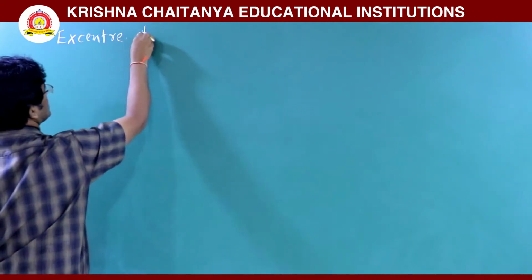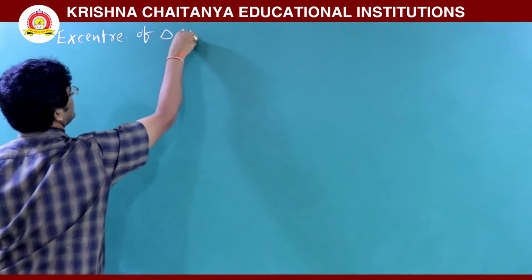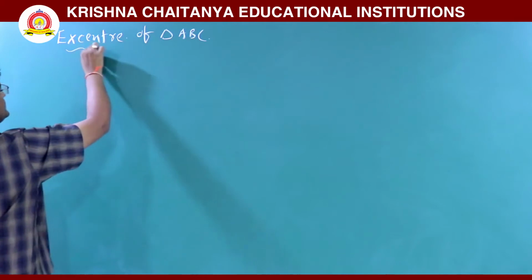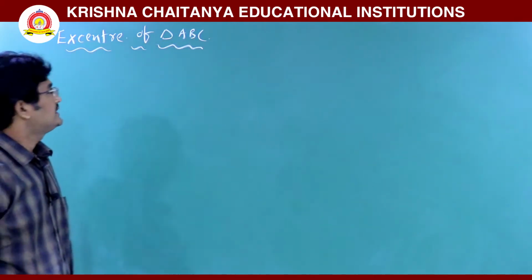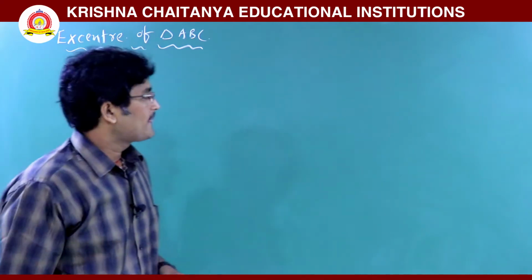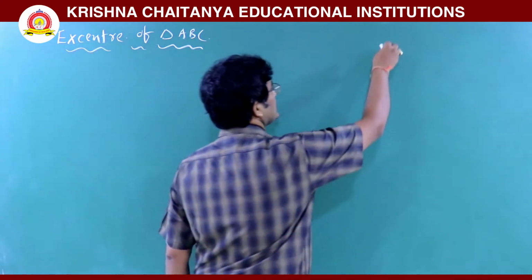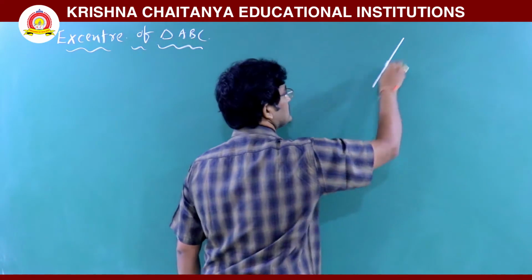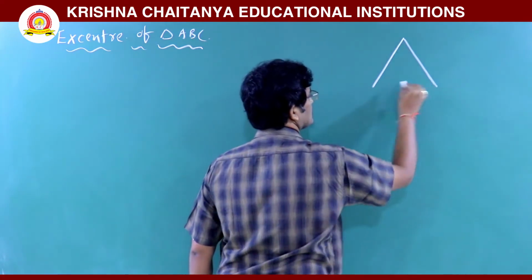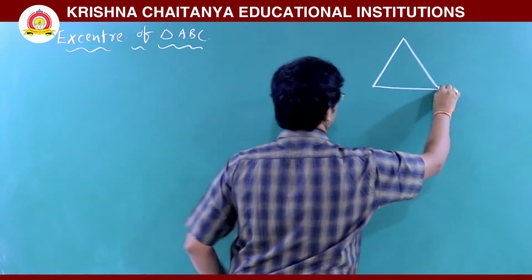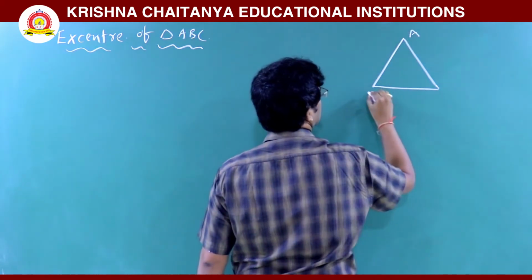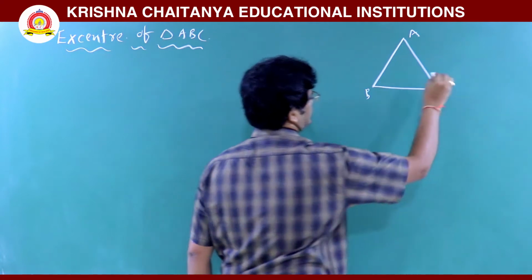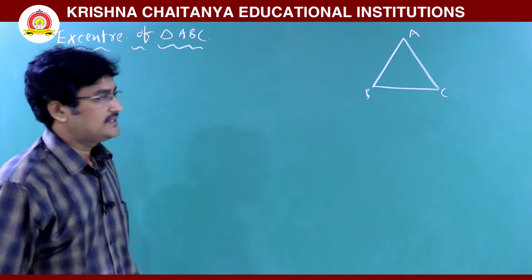Excenter of triangle ABC. I am taking the triangle like this. A, B, C. Triangle ABC is there.